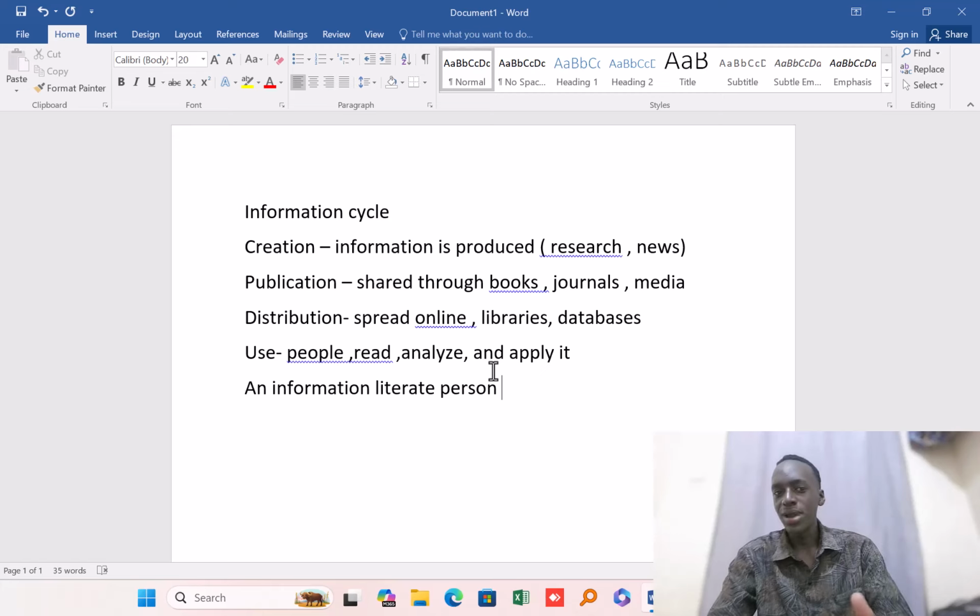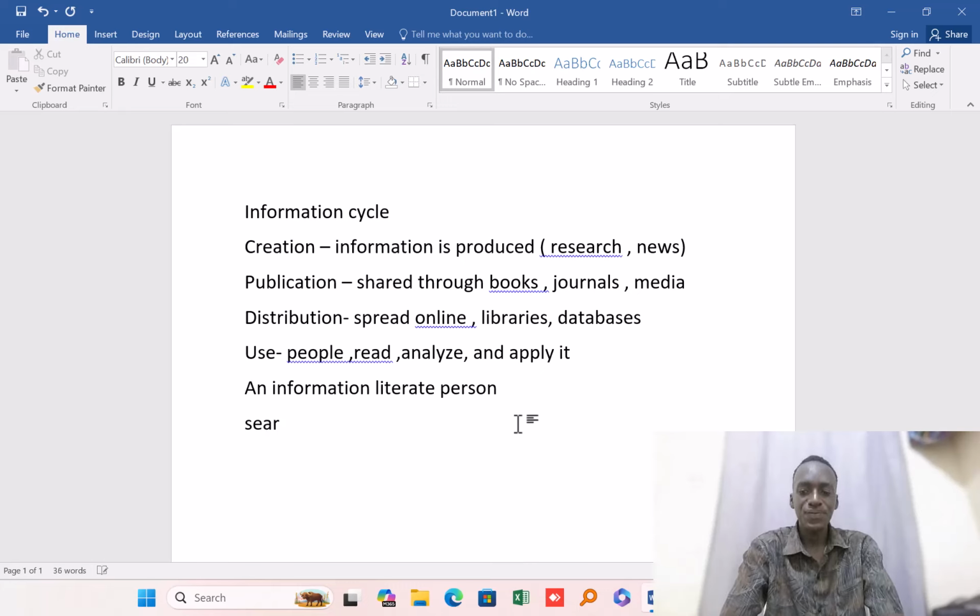You have to put in place the four items in our information cycle. So the skills that you need as a literate person about the information that you're getting is searching your data efficiently. Searching the data well.